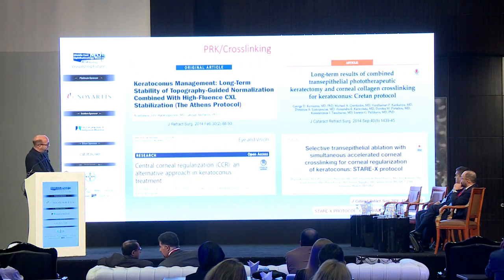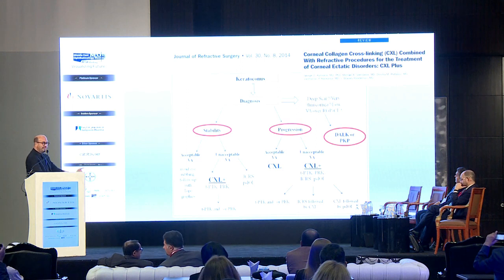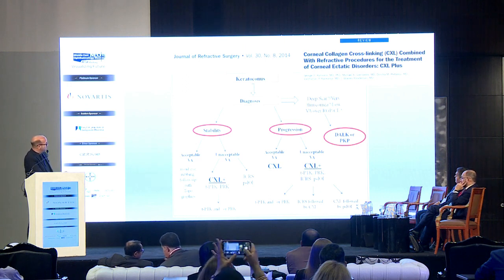A lot of literature. John Canellopoulos started together with George Kymionis the first studies. You can see that John Canellopoulos has now disappeared. But this was a very good flow chart from George Kymionis published in the Journal of Refractive Surgery.